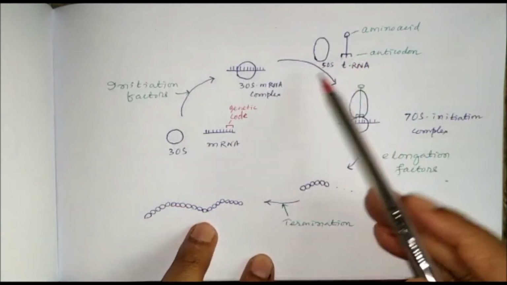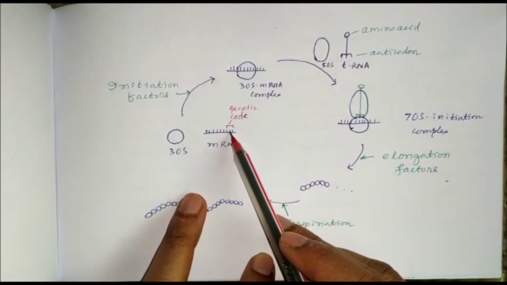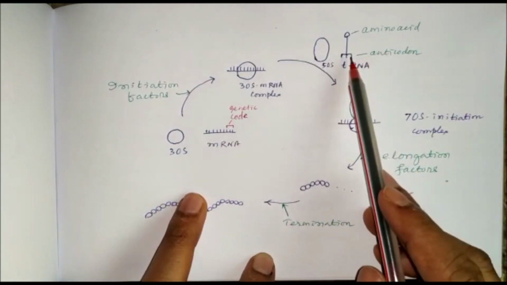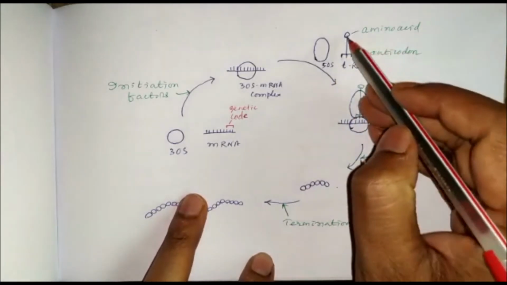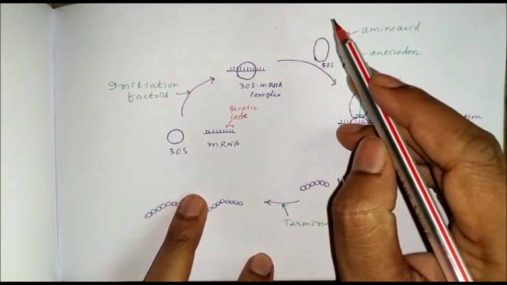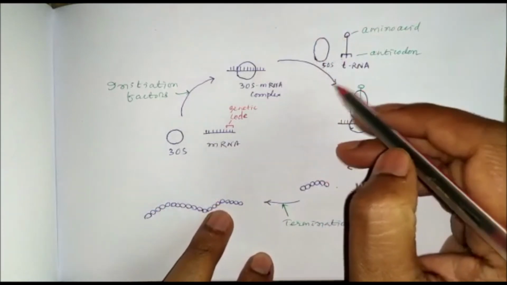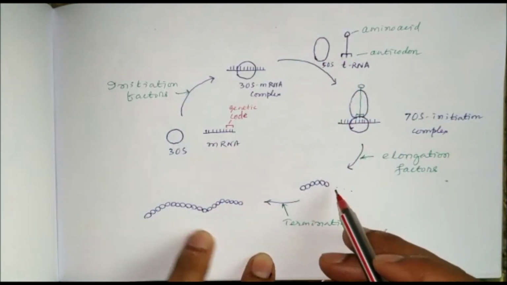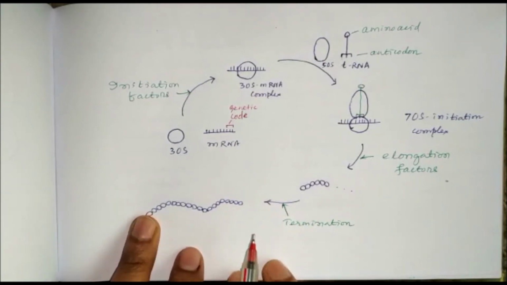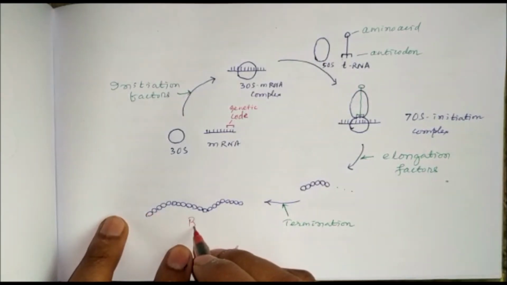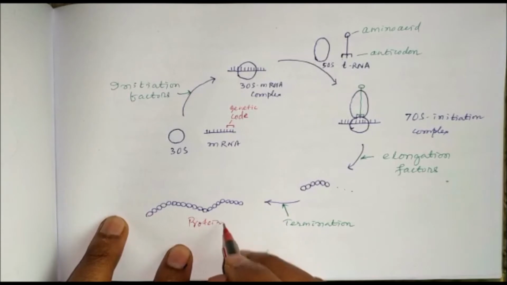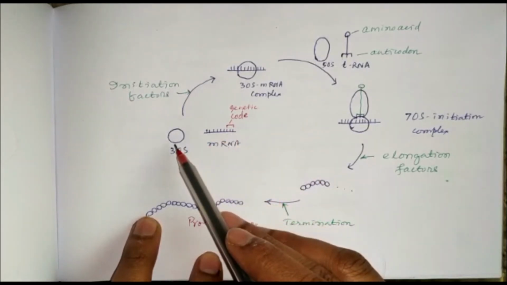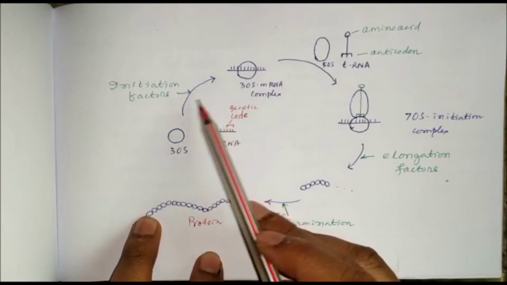Once the codon of messenger RNA is recognized by the anticodon of transfer RNA, that amino acid will be supplied, so that one after another amino acids will come and join, and we will have protein or peptide synthesis.